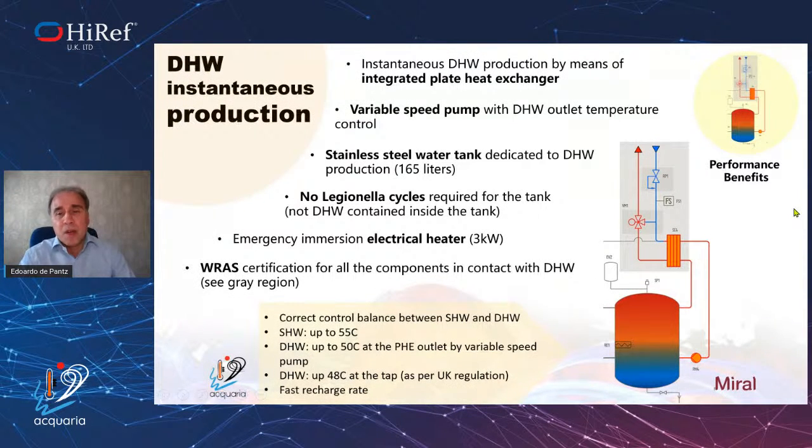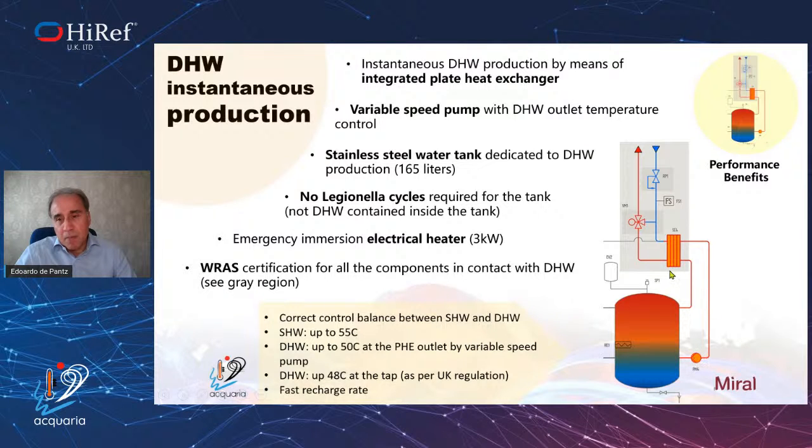This is how the domestic hot water production works. Basically, this is a simple operative cycle of the domestic hot water. As you can see, there is the tank and the external heat exchanger. When there is a request for domestic hot water at the tap, the variable speed pump is activated, producing domestic hot water instantaneously.